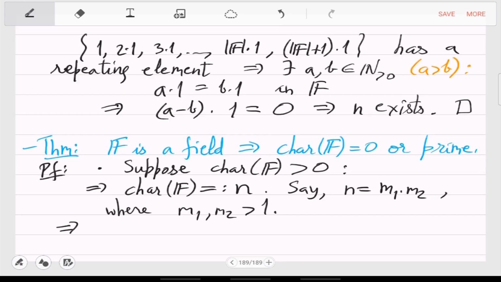What is the proof you were saying? By definition n times 1 is 0, so you write m1 times m2 times 1, and if you see the following, what can you deduce?